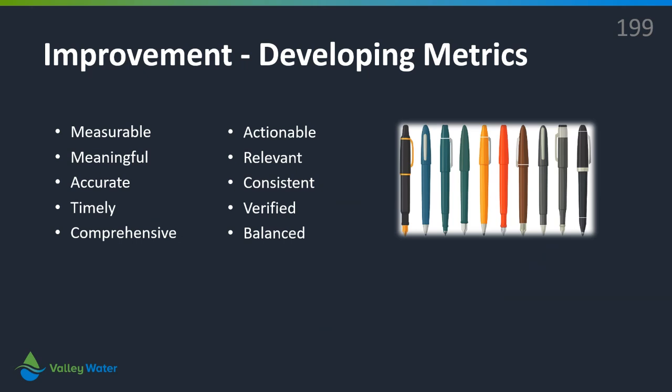Metrics should be relevant. This is one of my favorites, actually. Data should align with the lab's objectives, scope of accreditation, and quality system priorities, not just be collected for the sake of completion and filling in the blanks. Next, it needs to be consistent. The same methods, formats, and criteria should be used across cycles to support valid trend analysis and performance tracking.